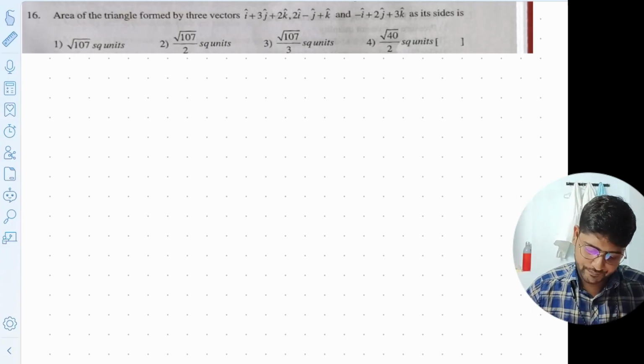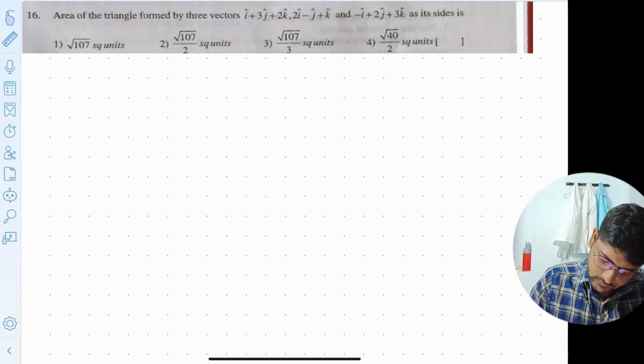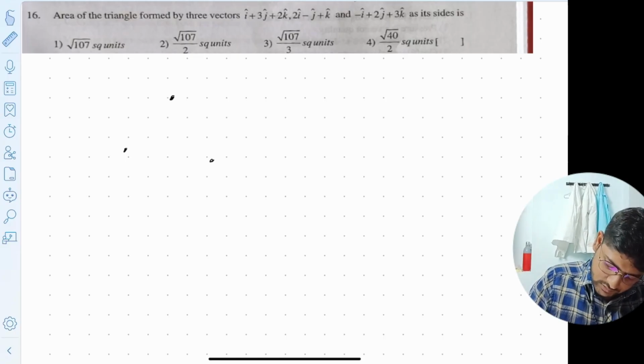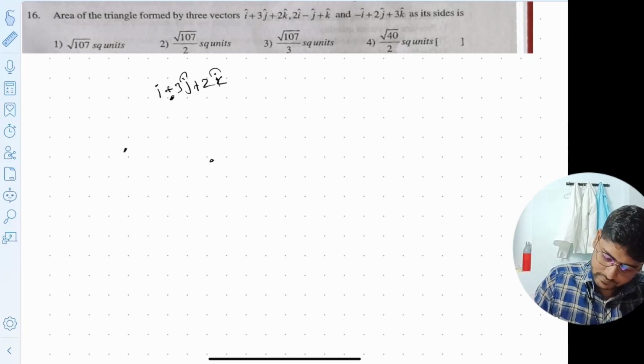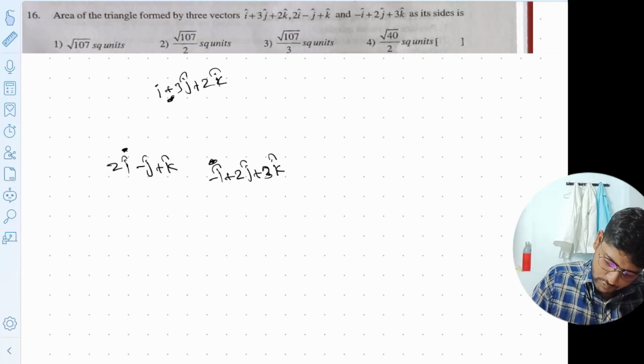Now, the area of the triangle formed by 3 vectors. Suppose these are the position vectors: i cap plus 3 j cap plus 2 k cap is the position vector of this point, 2 i cap minus j cap plus k cap is the position vector of this point, and minus i cap plus 2 j cap plus 3 k cap is this one. Suppose these are the points R1, R2, R3.